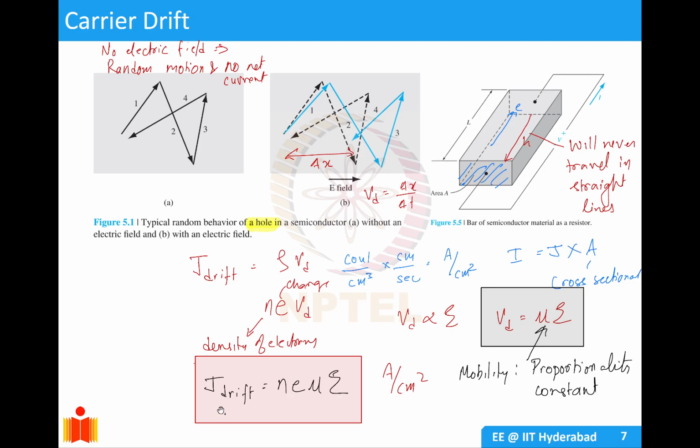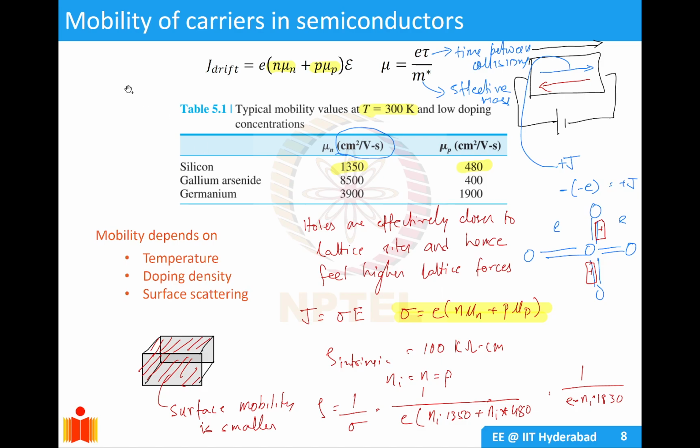For hole conduction, instead of N you will write P, and the mu will be hole mobility. From there you can get Vd equals mu epsilon, where mu is your mobility, and the total will be the sum of both electron and hole conductions.